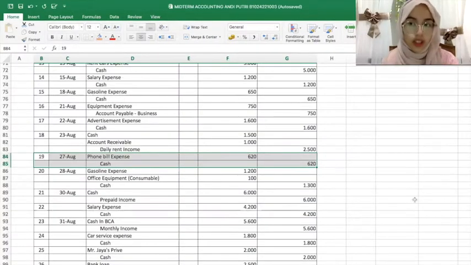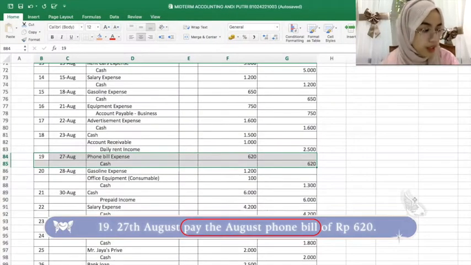So for the 19th transaction, 27th August, paid the August phone bill for 620 rupiah. There are two accounts here: phone bill expense and cash.